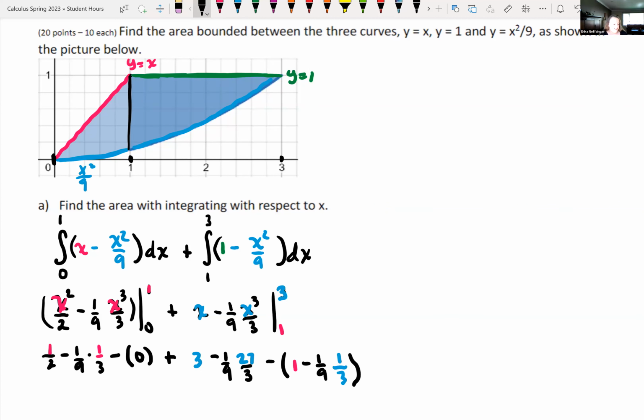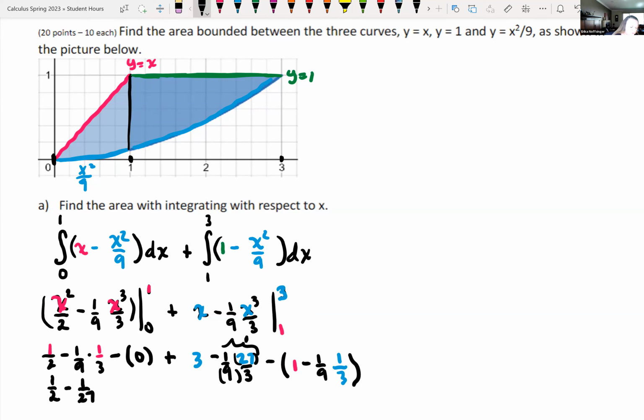So simplifying everything down, let's see what we have. We have 1/2 minus 1/27. And then, I noticed that 9 times 3 is 27 in this denominator, and then we have 27 in the top, so technically that's just 1.